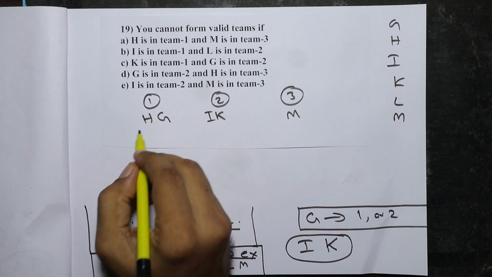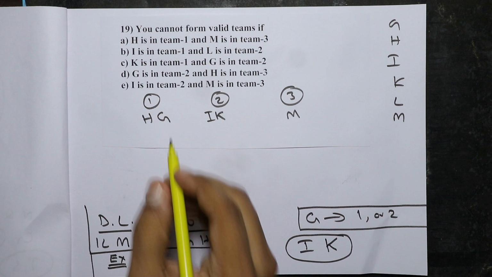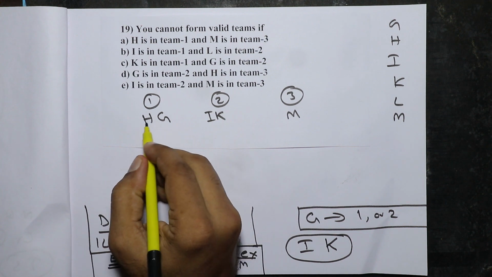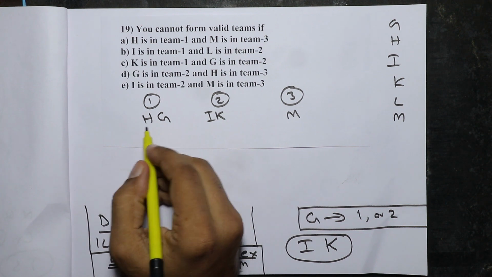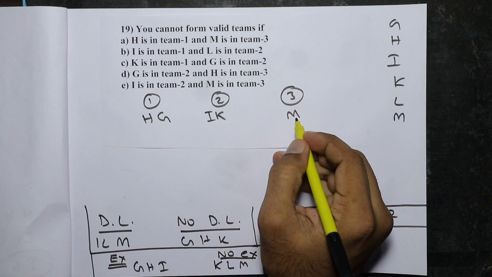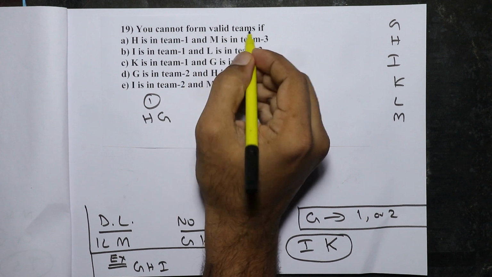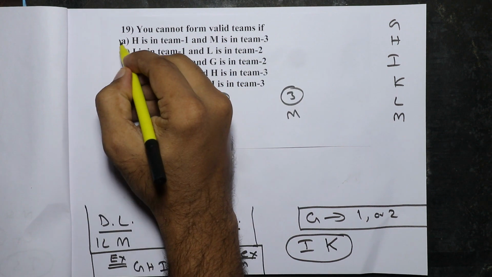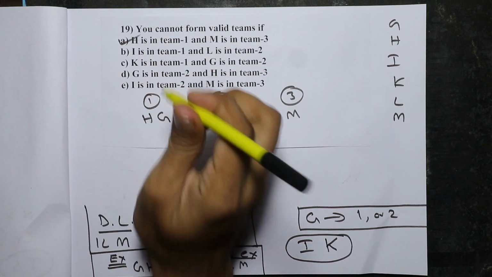If G is in 1, one team will be H and G, and that team will not have anyone with a driving license. So H is in 1 and M is in 3, that is not possible. So it will become invalid with option A. So option A is the right answer.